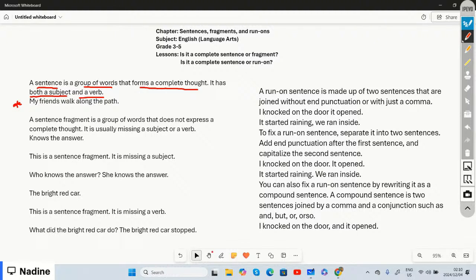If we were to identify our subject and our verb, the subject is my friends, and walk is our verb. And of course, when we write a sentence, it starts with a capital letter and ends with an end point. It can be a period, a question mark, or an exclamation point.